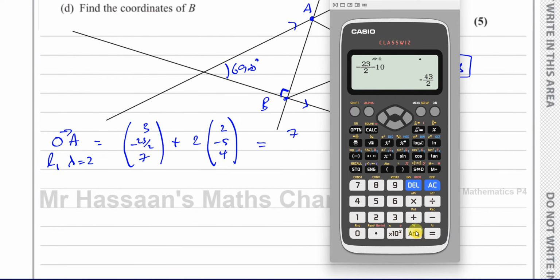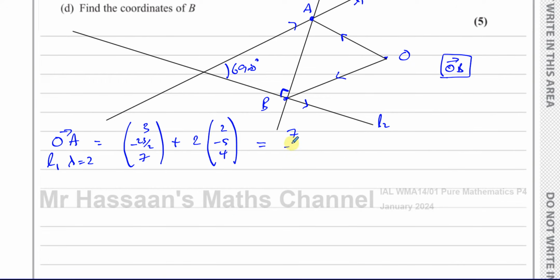That's going to be minus 43 over 2. And 7 plus 8, which is 15. Okay, so that's the vector from O to A.